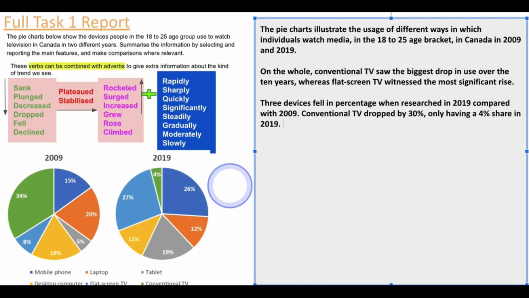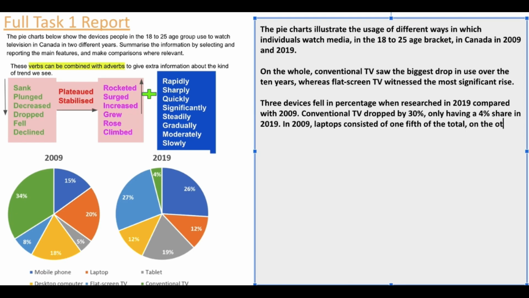Okay. And what about then laptop? That saw a drop as well. In 2009, laptops consisted of 1/5, 20%. So we're saying it in different ways. 1/5 of the total.